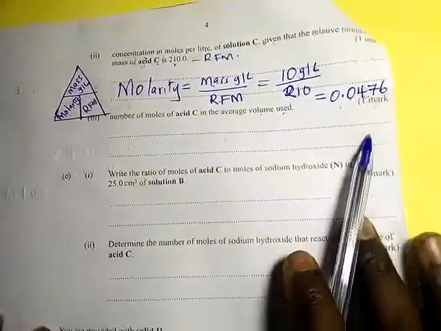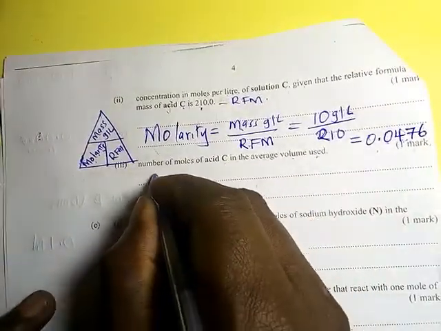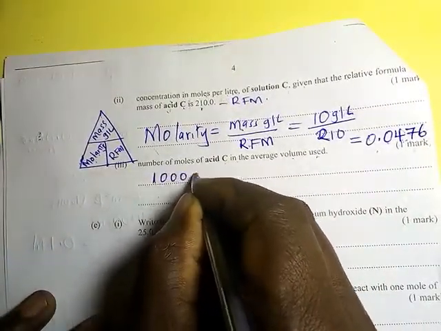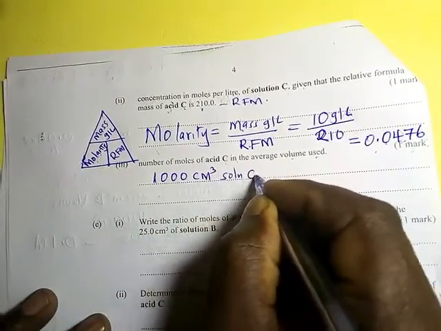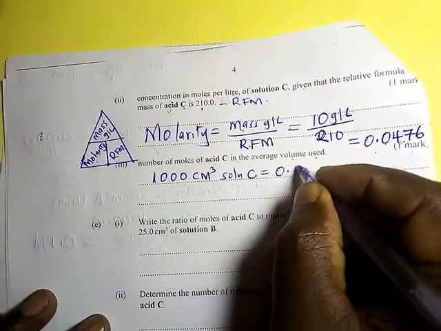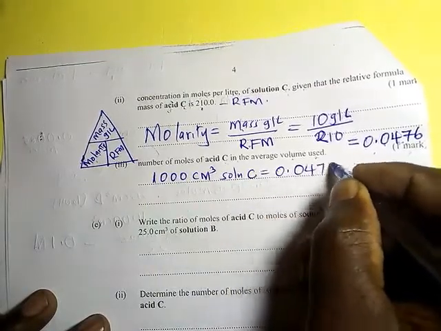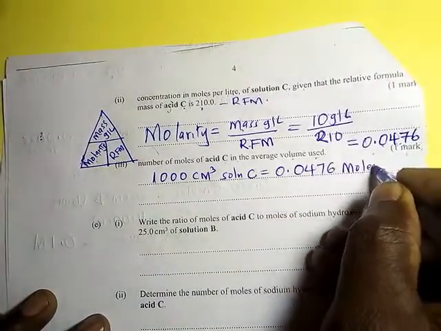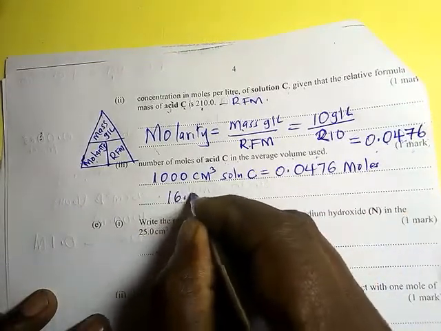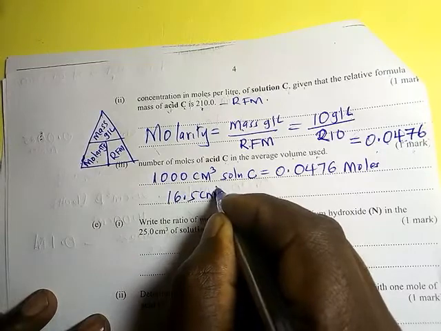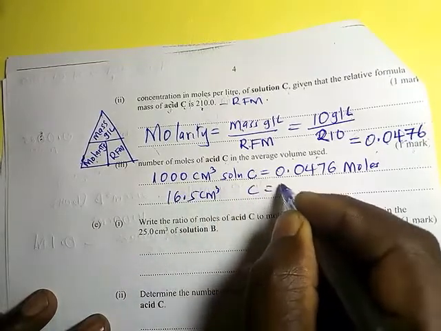So we ask: 1,000 centimeters cube of solution C contains 0.0476 moles. What will 16.5 centimeters cube of solution C contain?